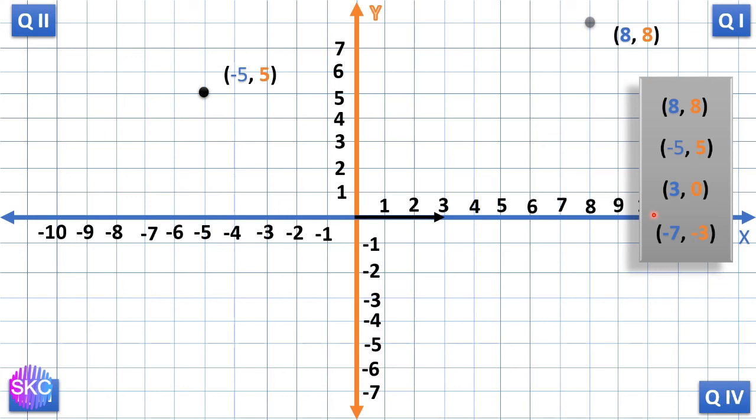Hindi tayo magka-count ng units upward or downward. So, that means kung ilang unit lang siya sa x-axis from the point of the origin, dun lang ang point. So, we remove the point, and then we place the ordered pair 3, 0.